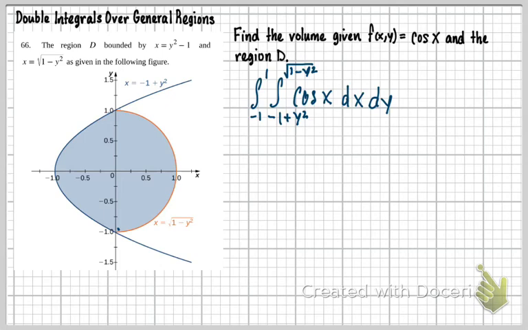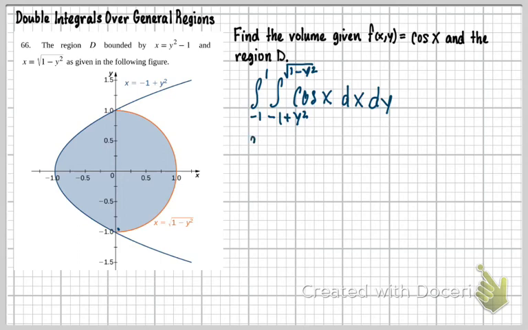So we're going to integrate this thing. Now we do the inner first. So the cosine of x then, and I'm assuming we're probably going to have to do part of this by hand and part of it by our calculator. We may end up with some nasty numbers, so we'll have to play around with it as we go.